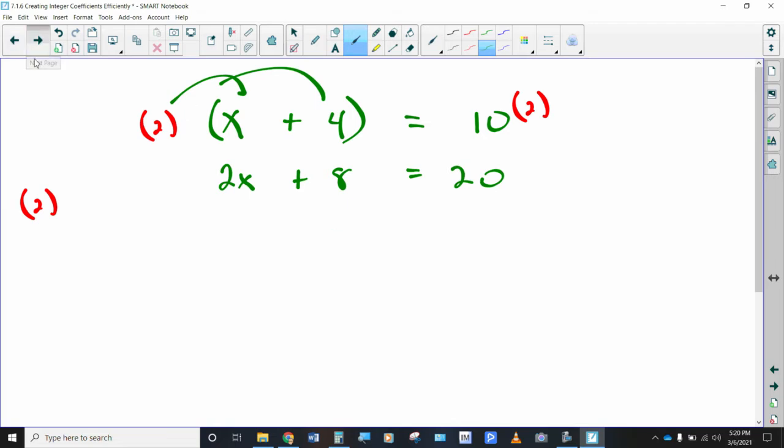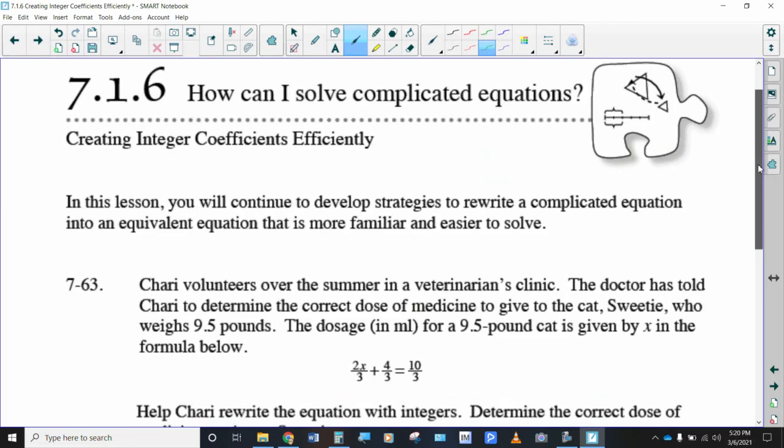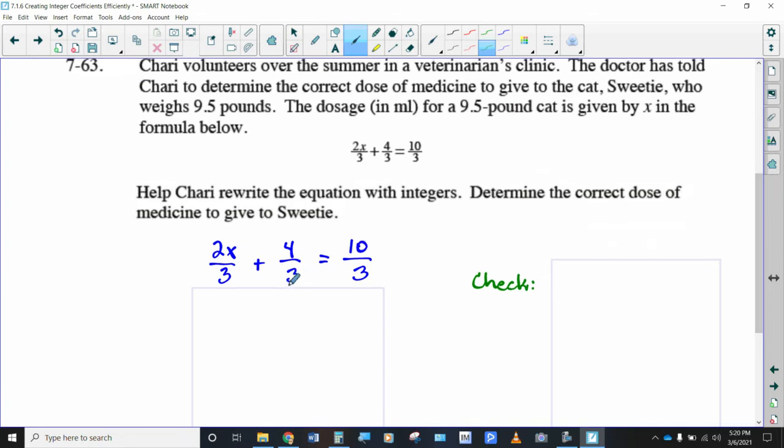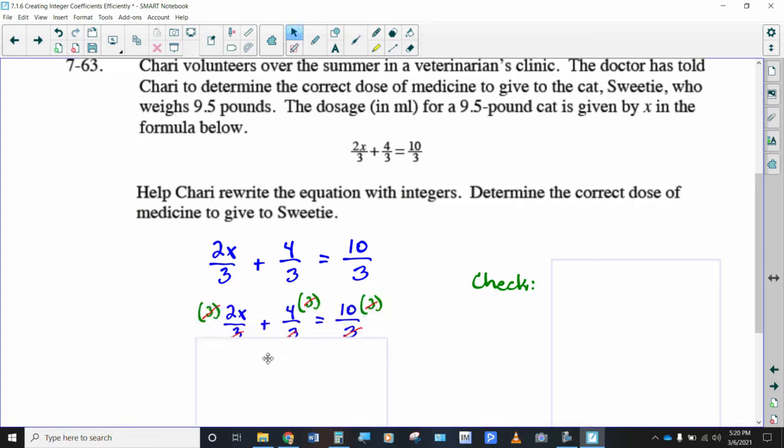Okay, so with that in mind, we have to determine what number we are going to multiply times each one of these terms to get rid of our denominators of 3. If you said, well, since they're all the same number, if we multiply everything times 3, what we're effectively going to do is turn this into 6x over 3, which becomes 2x.